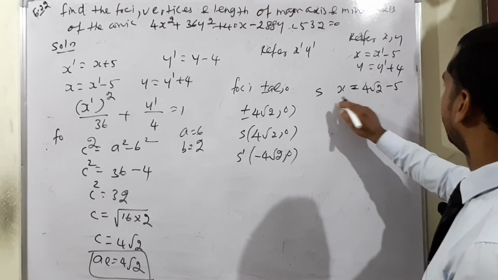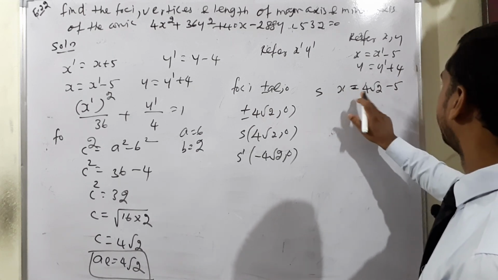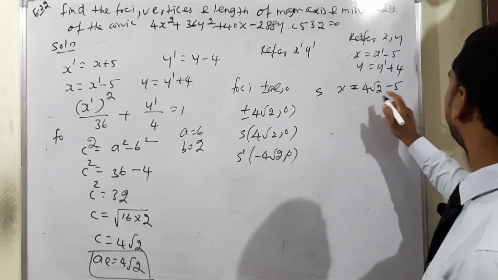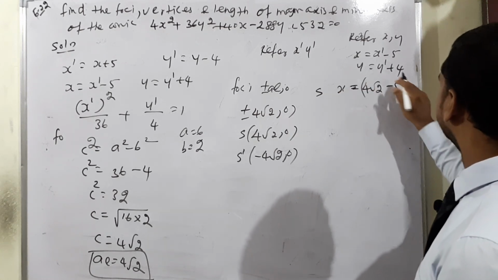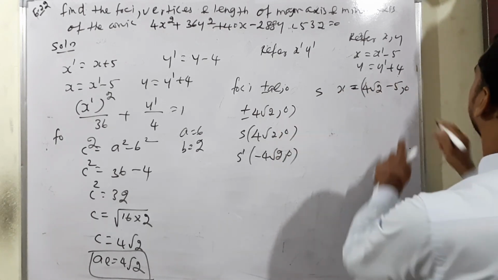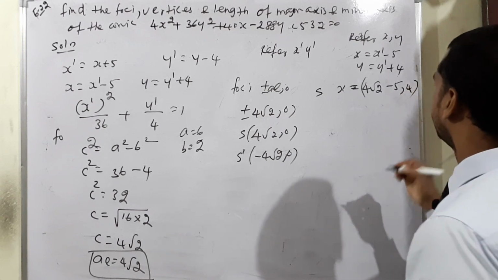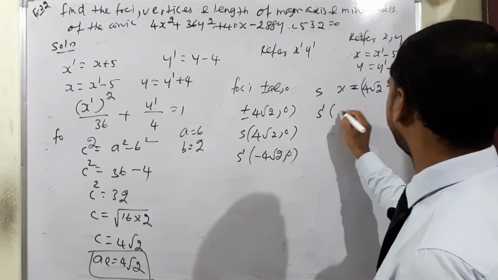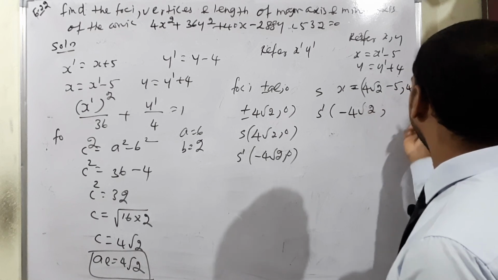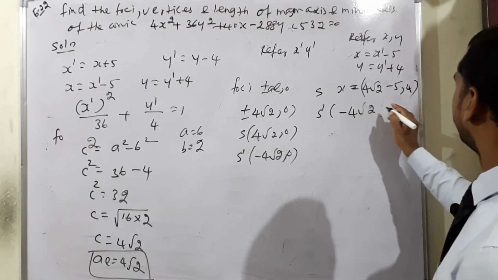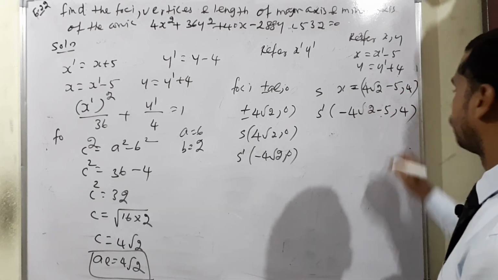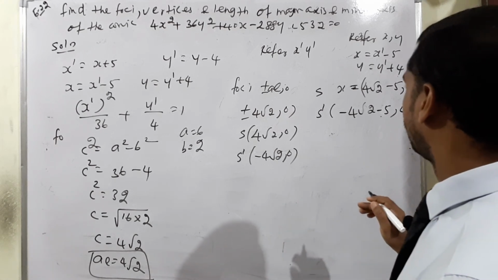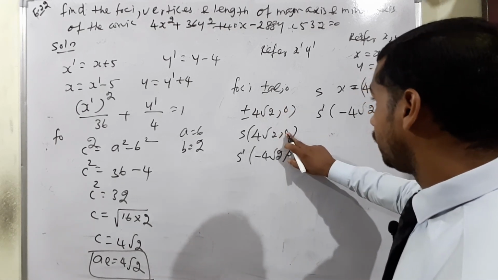Therefore S is 4 root 2 minus 5 comma 4. The next condition, S dash, is minus 4 root 2 minus 5 comma 4, because the y value will be 0.